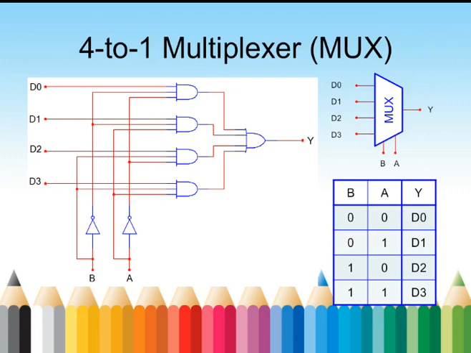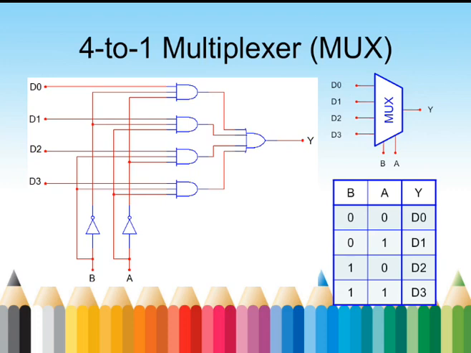The third AND gate has the inputs D2, A prime, B. The fourth AND gate has the inputs D3, A and B. Finally, we add the outputs of the 4 AND gates to get the output Y, which means the output line determines which input is selected.